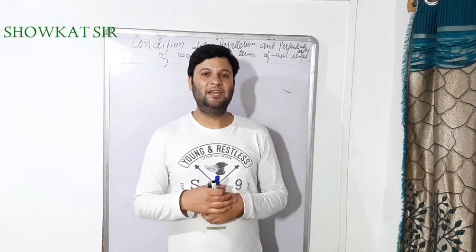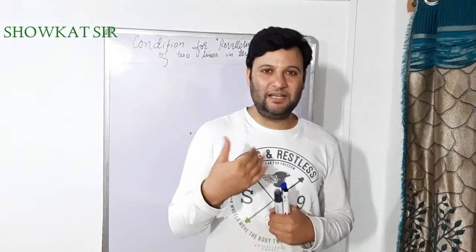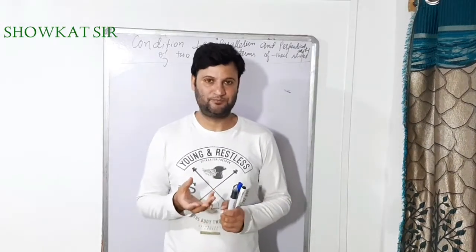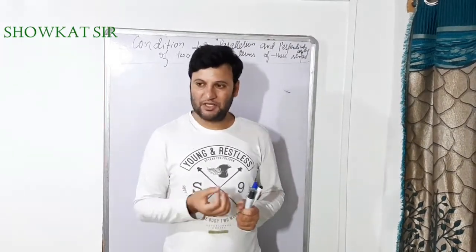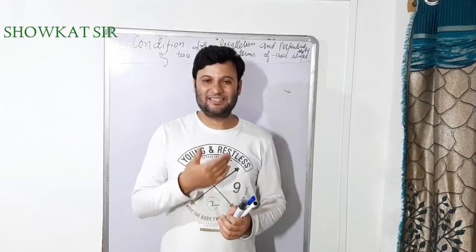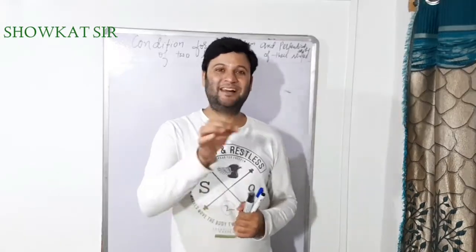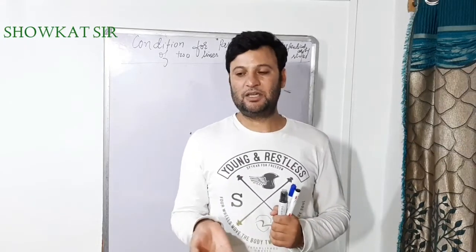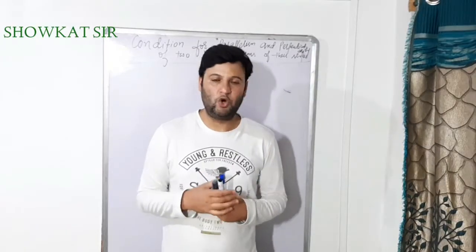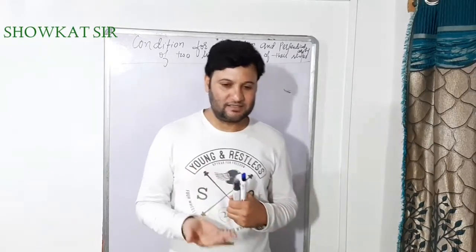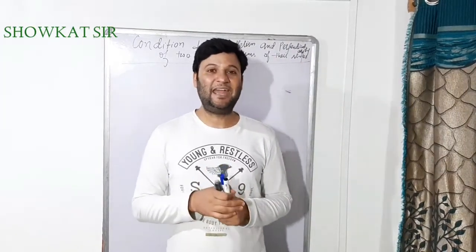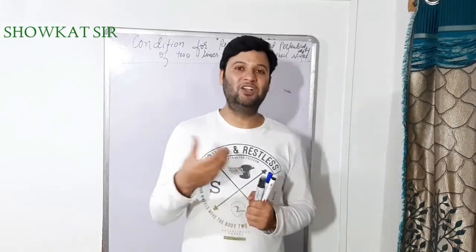तो आज हम देखेंगे that is condition for parallelism and perpendicularity of two lines in terms of their slopes. यानी अगर हमारे पास कोऑर्डिनेट प्लेन में we have given two lines with their respective slopes, then we will discuss here today the condition for parallelism and perpendicularity कि कब वो लाइनें पैरेलल होंगी, कब दो लाइनें परपेंडिकुलर होंगी, वो कंडीशंस हम आज देखेंगे. और साथ ही साथ today we will discuss one more important thing from this slope, that is angle of intersection between two non-vertical lines.